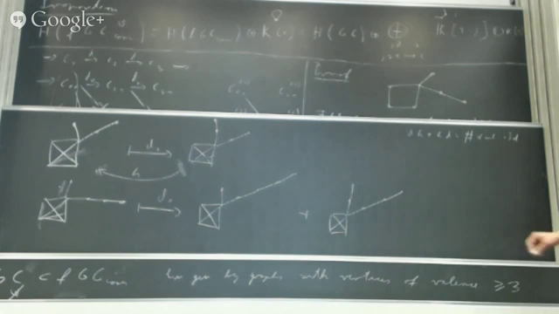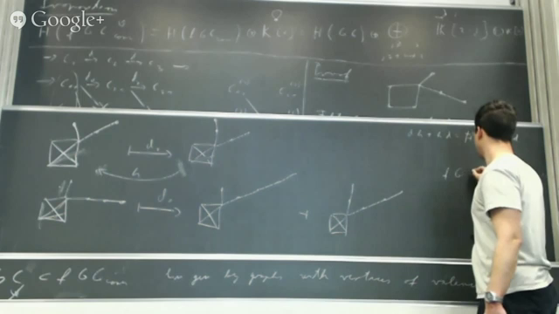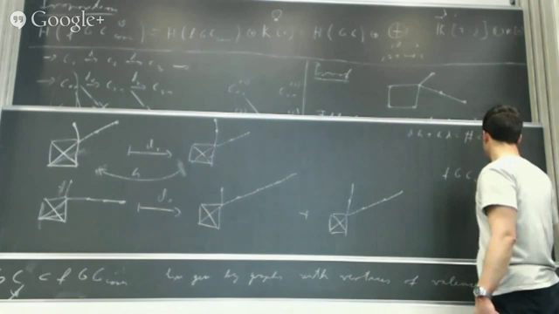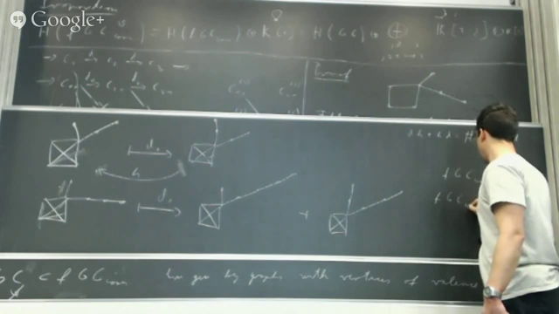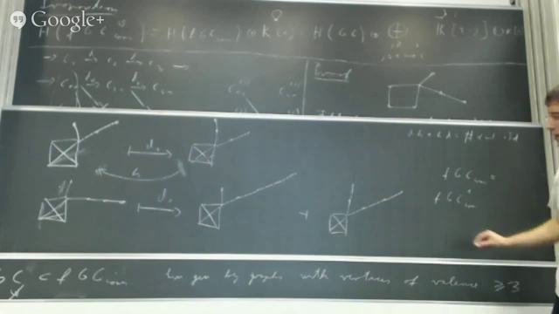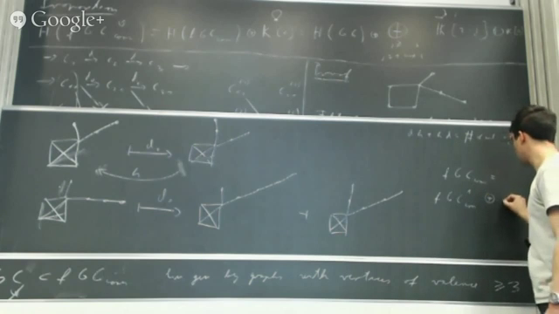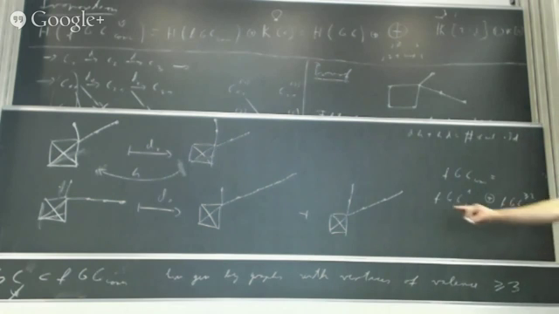So the full graph complex FGC^{≥1} is FGC^{≥1} with at least one antenna plus FGC^{≥2} without antennas. And these are subcomplexes, and this complex is the direct sum of these two. Sorry, I didn't get what the indices are here.